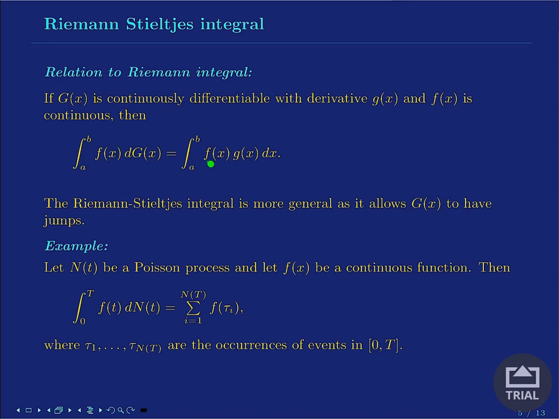So here we have a g being a continuous function, as it is the derivative of capital G. This implies that capital G is also a continuous function. The Riemann-Stieltjes integral allows more generally that the function g has jumps.